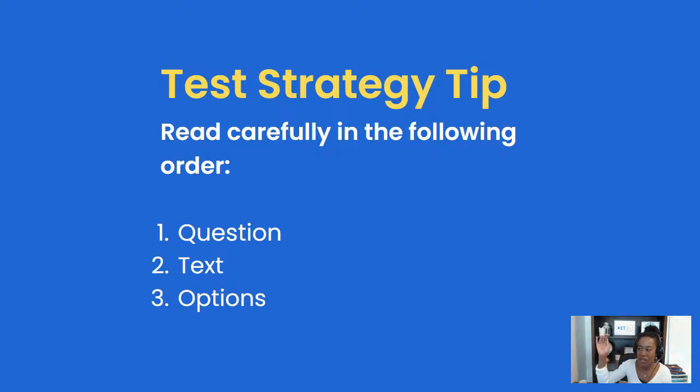So question, text, options. You might get to the options and then think, I'm still not sure. If that's the case, no problem. Go back to the text and double check your choices. So there might be a little bit of to and fro at that stage, but you do need to take your time and be careful.